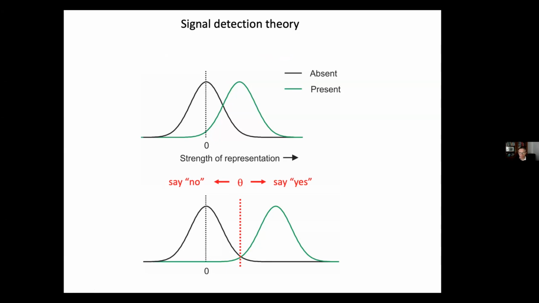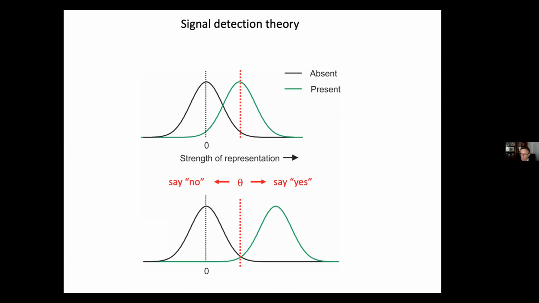So this is probably a better threshold. But of course, if you use this higher threshold for weak stimuli, you're going to have a lot of misses. So there is this trade-off between the strength of the stimulus and the number of hits and misses that determine where you place the threshold.